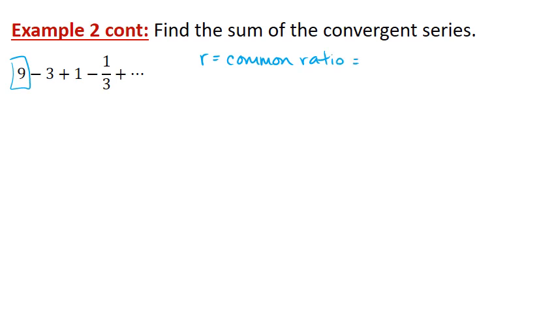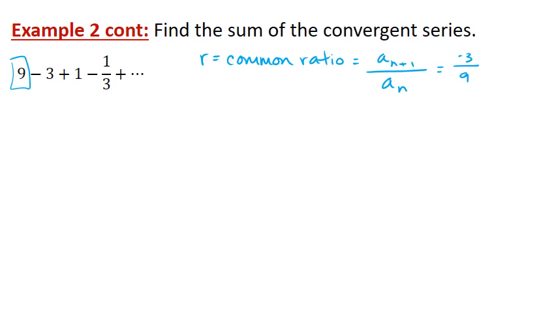That's like, what is the base of our power? Well, one way you can identify this is by taking a sub n plus 1 divided by a sub n. Think of this as the second term divided by the first term. So -3 divided by 9.